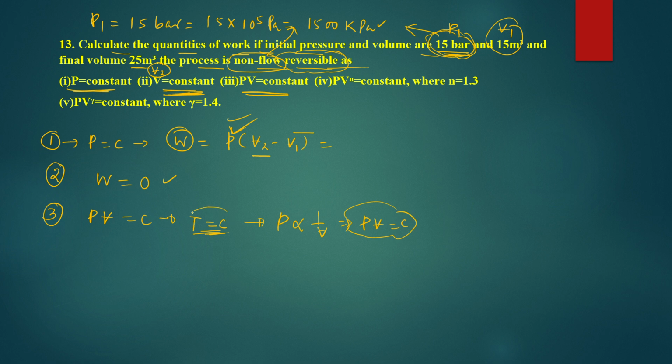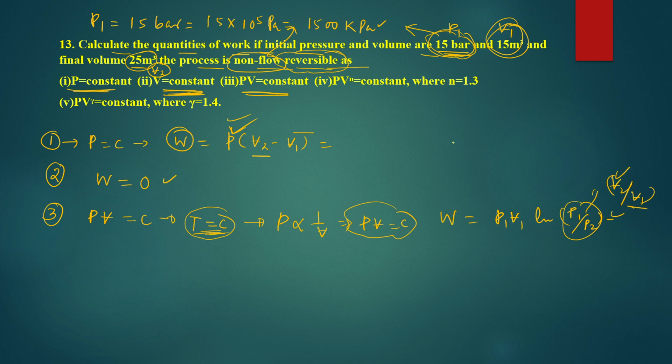This is the equation for a constant temperature process, and for it the work is P1 V1 ln(V2 by V1), or we can use the pressure ratio P1 by P2. Because volumes for both points are given, you can put these two values in and find out the work interaction. I hope it is clear.